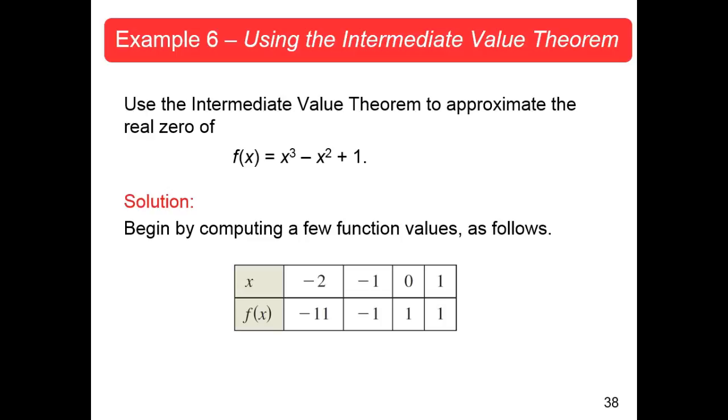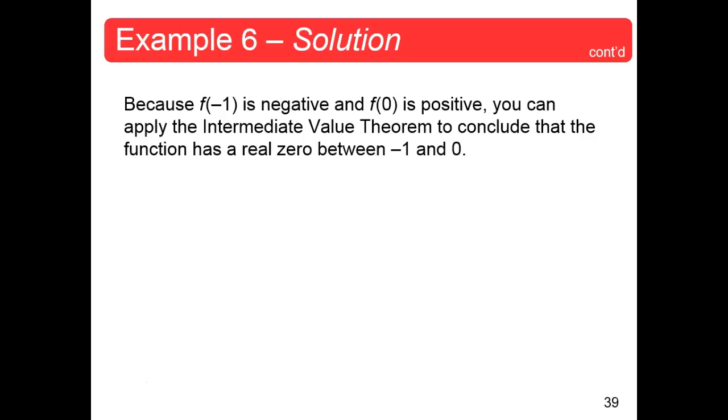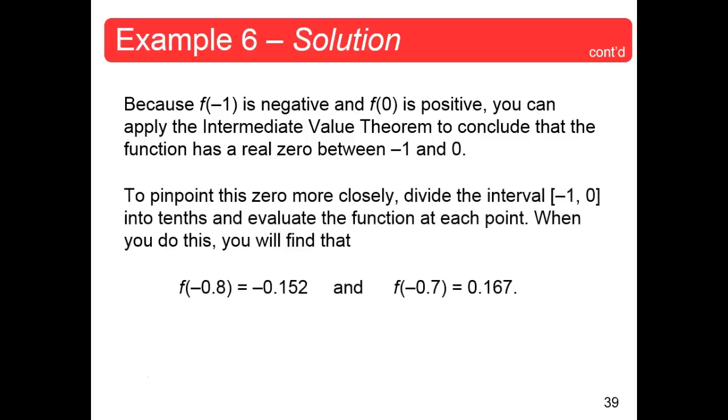Okay? Once you have that, pick a value in between there. Because f of -1 is negative, but f of 0 is positive, you can apply the intermediate value theorem to conclude the function has a real 0 somewhere between -1 and 0. Okay? Well, to pinpoint it more closely, divide the interval into tenths and evaluate the function at each point. Yeah, I want to do that.